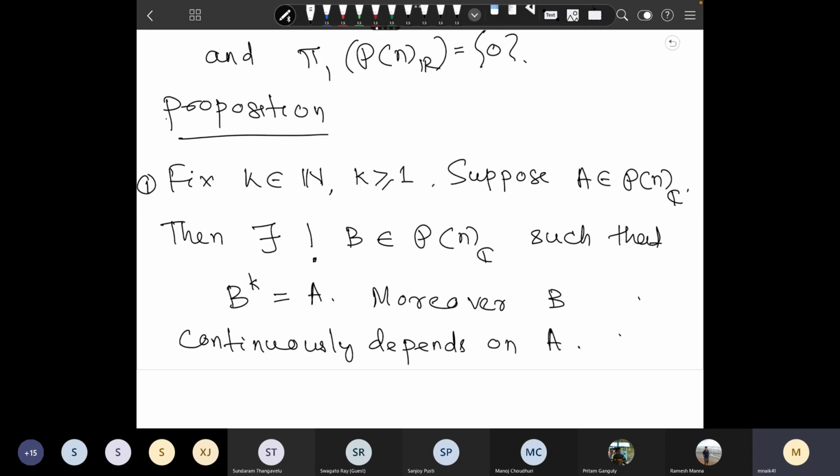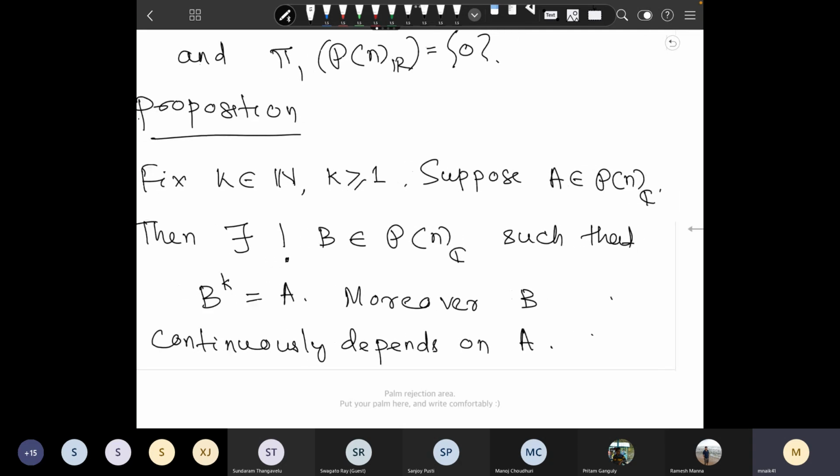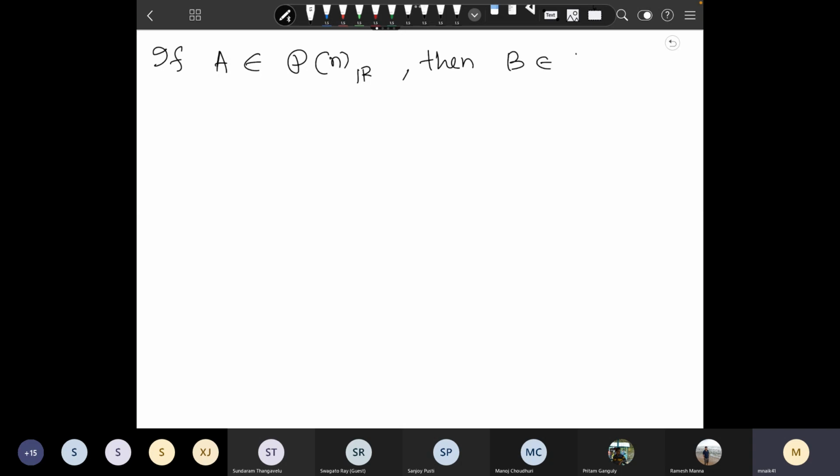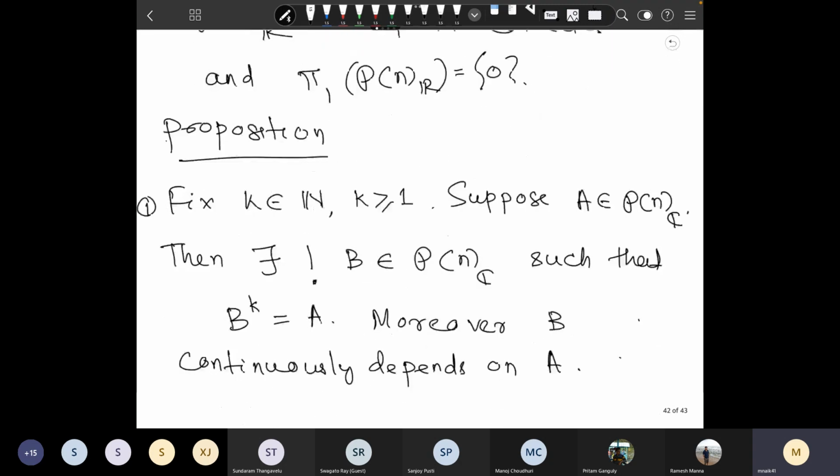And I can add the real case to this. If A belongs to P_n(R), then B is also in P_n(R). This statement precisely says that you can define some kth root of a positive definite matrix.